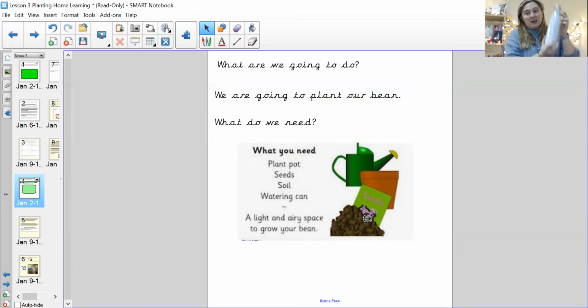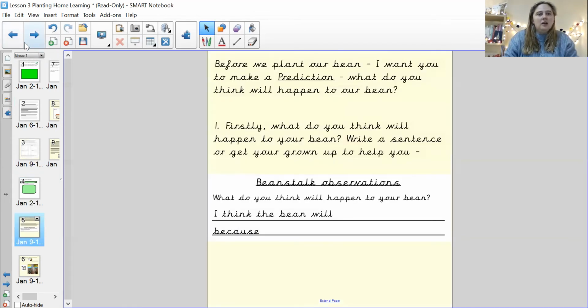I haven't got a watering can, so I'm having to use my water bottle, but that's okay. And then we're going to need to put our bean in a light place with lots of air. Okay, so I think the next thing for me to do is show you how to plant the bean.